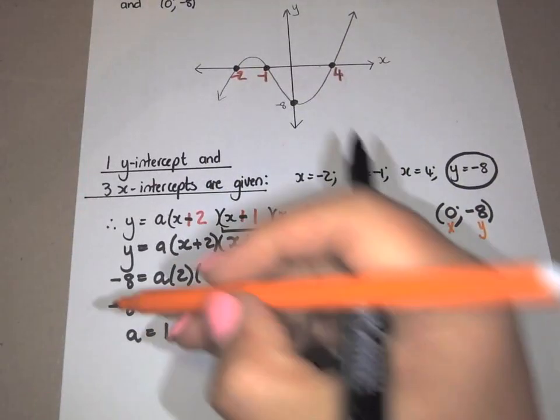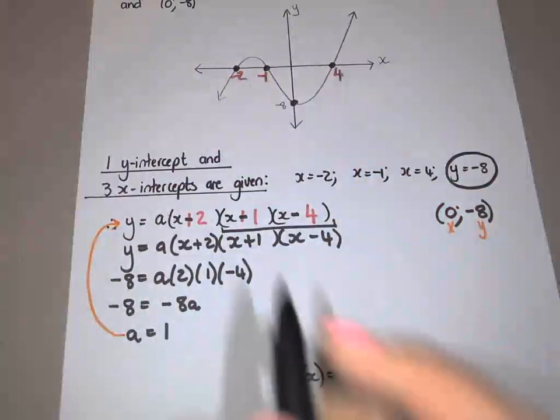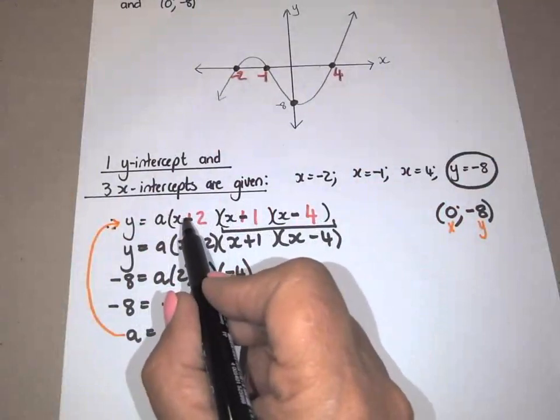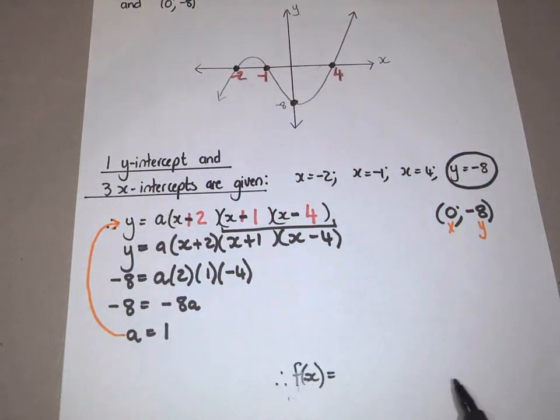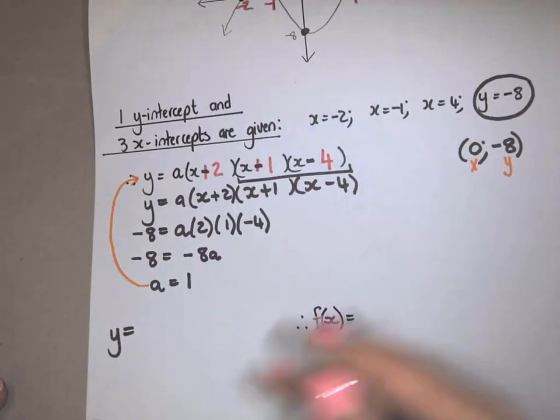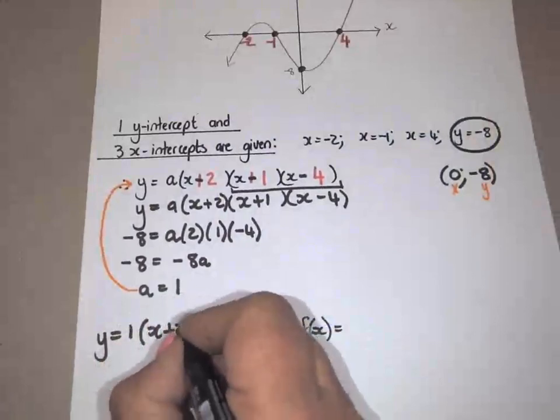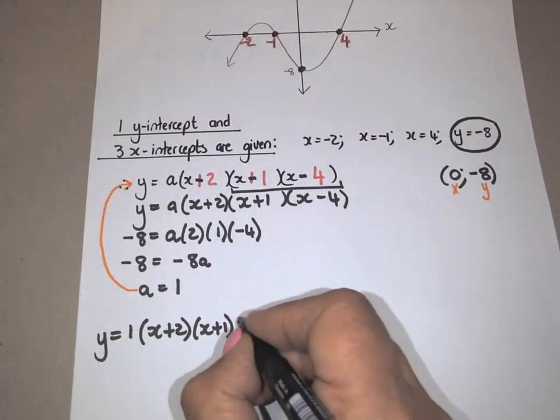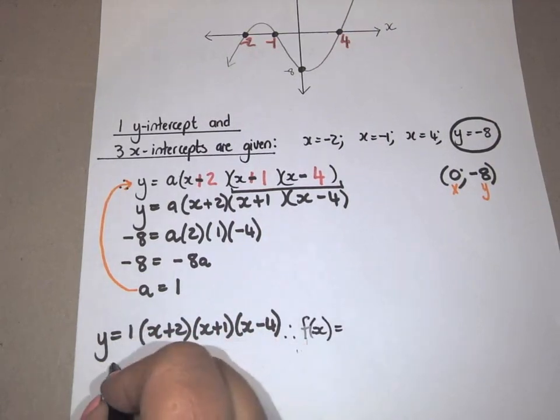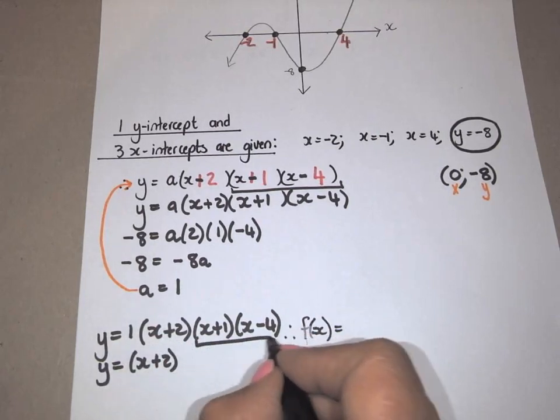That means for f(x), it really is a positive graph. Now I'm going to substitute this a back into this format so that I can multiply these two brackets and then multiply it with this bracket to get f(x). Let's do that. Y equals, a has a value of 1 times x plus 2, x plus 1, x minus 4. I'm going to keep the first bracket and multiply the second two.